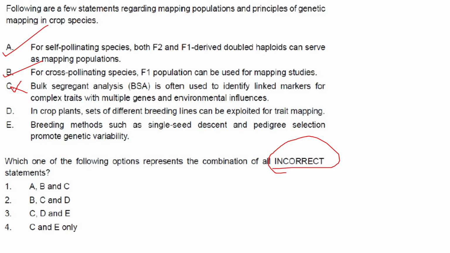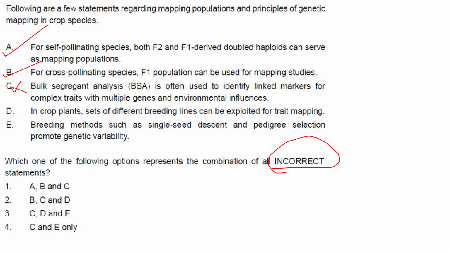So you use it only for simple traits. And bulk segregant analysis, I told you, is mainly looking at the phenotypic differences between the two bulks you have isolated. It doesn't even take into consideration the intermediates which you obtained after crossing. So C is wrong.